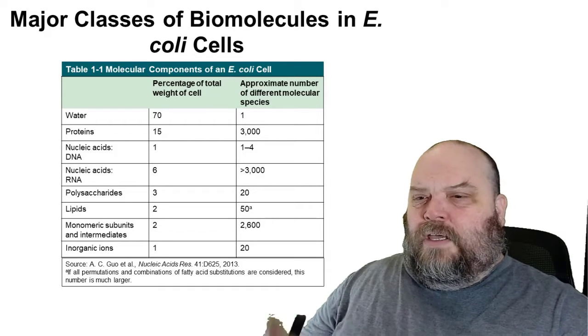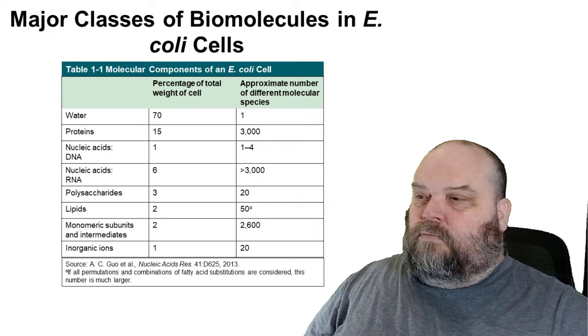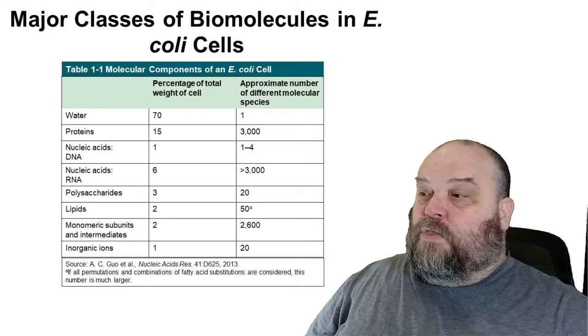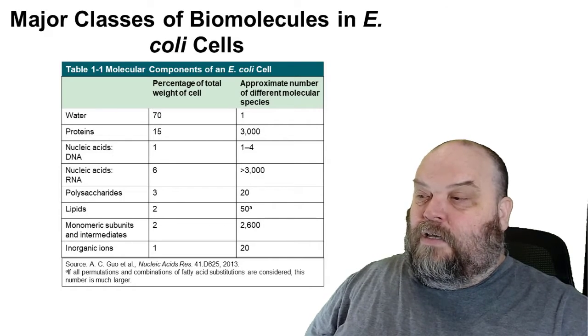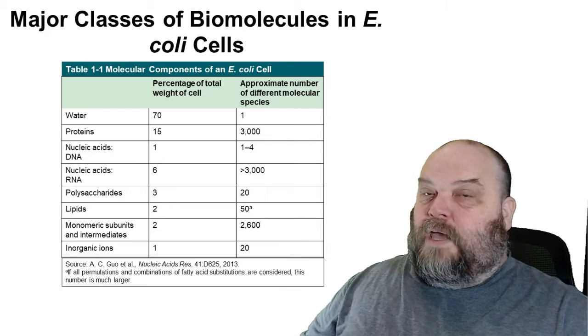What's interesting though is if you look at this far right column, 3,000 different proteins present, over 3,000 different molecular species of RNA. That means every one of those proteins had to have its own mRNA.